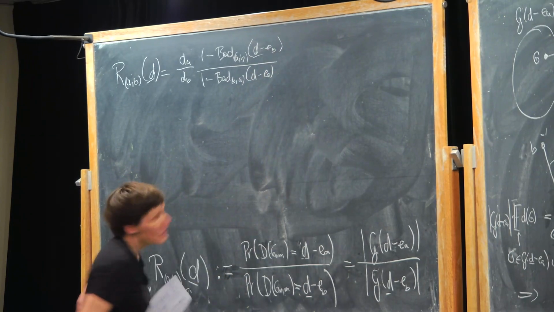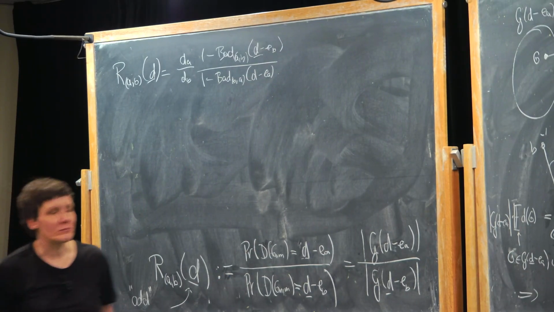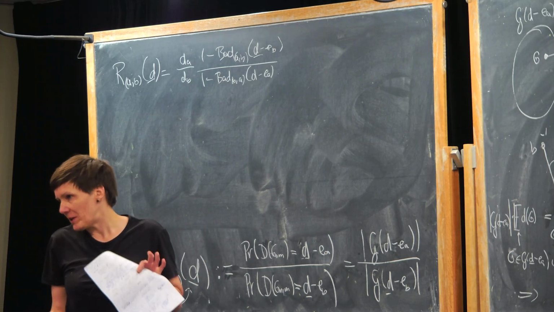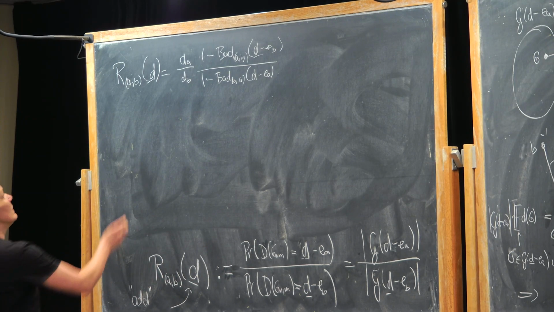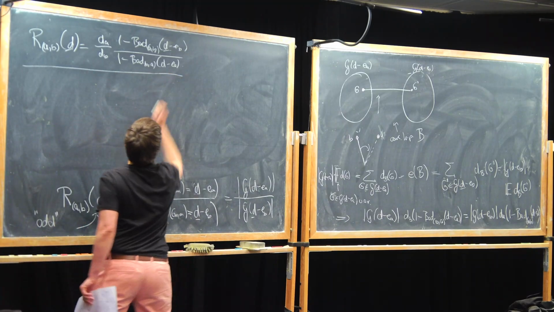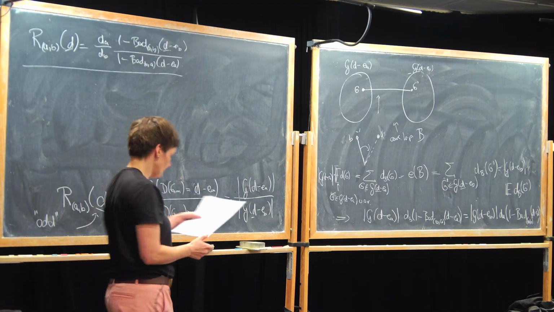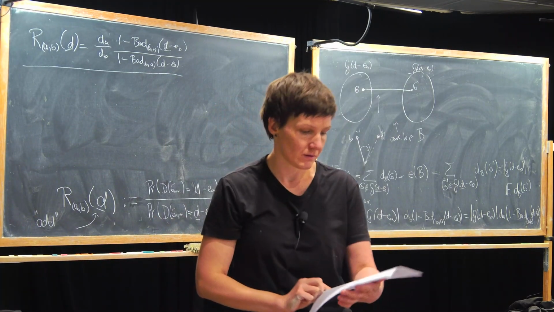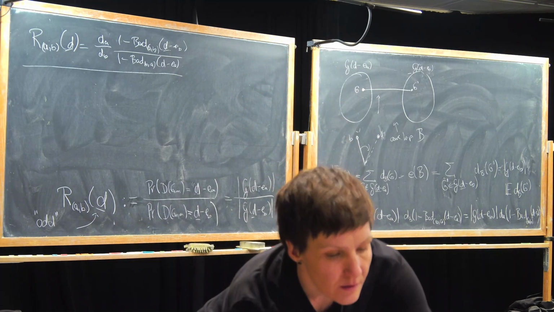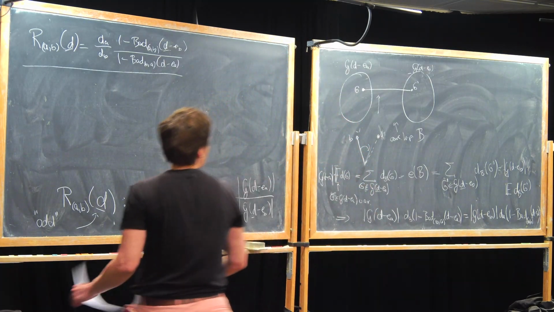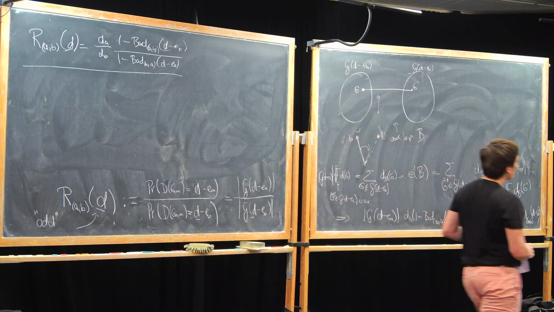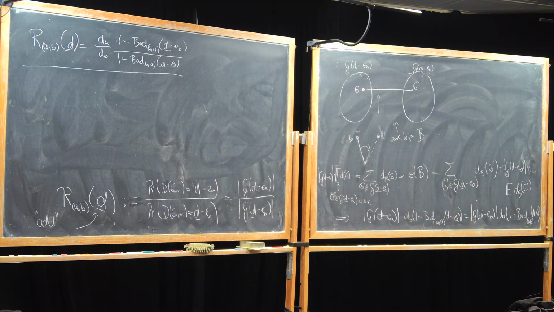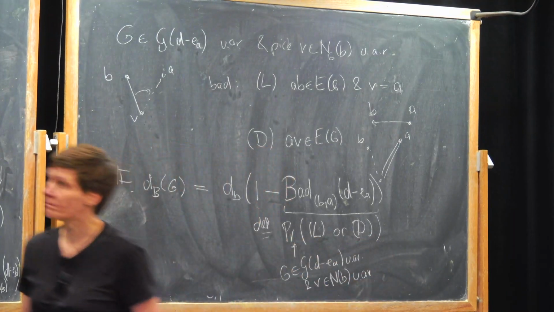Okay. Right, so now, of course, we want to figure out what this bad probability is. For this bad probability, we said it's the probability that I either have a loop event or a double edge event.